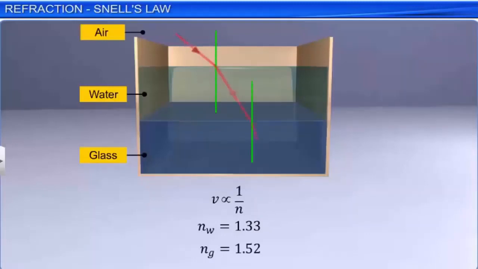Note that optical density of a medium is different from its mass density. The optical density of a medium is its refractive index and depends on the speed of light in it, whereas mass density is the mass per unit volume.